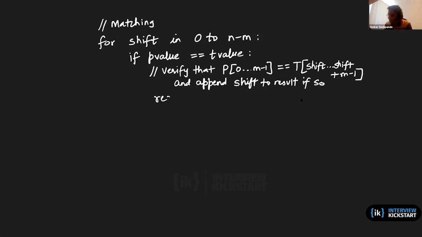Otherwise you can just append. If you picked a value of q that's large enough, the probability of collision is less. You can directly append as well.